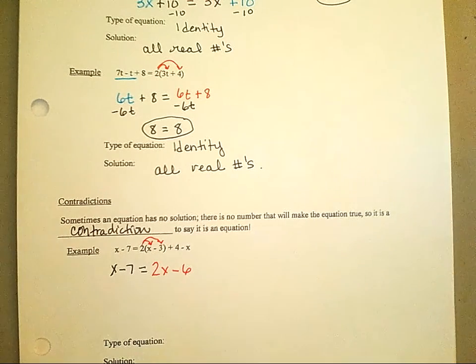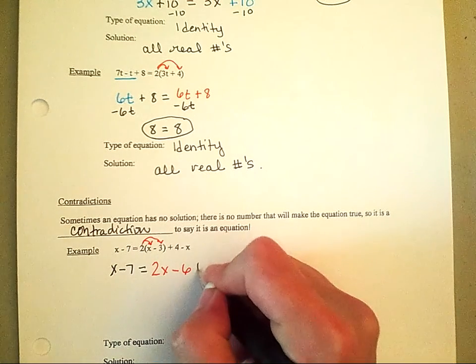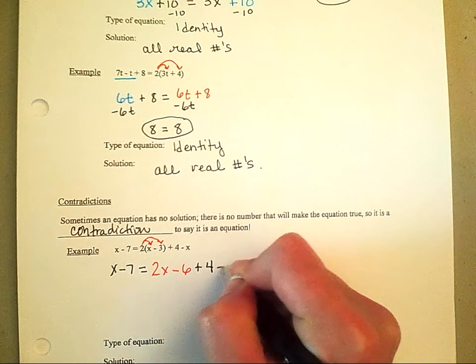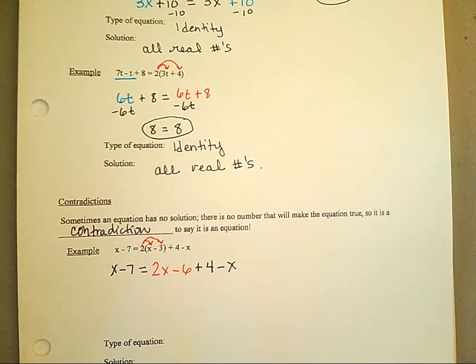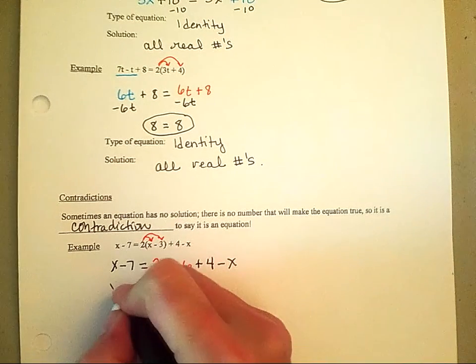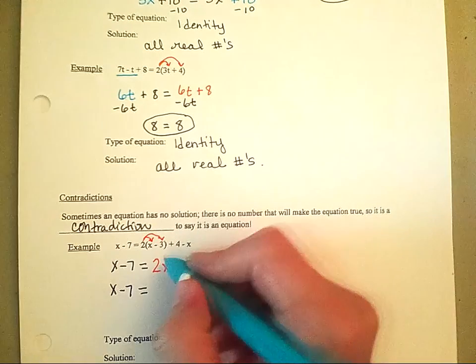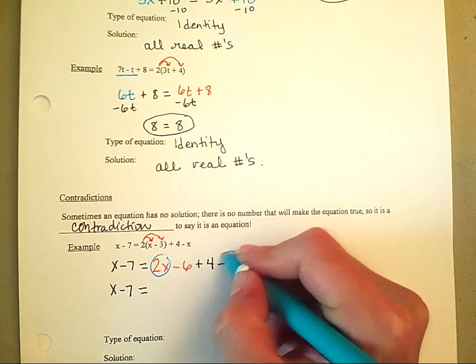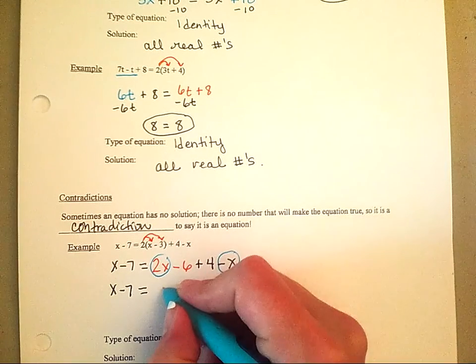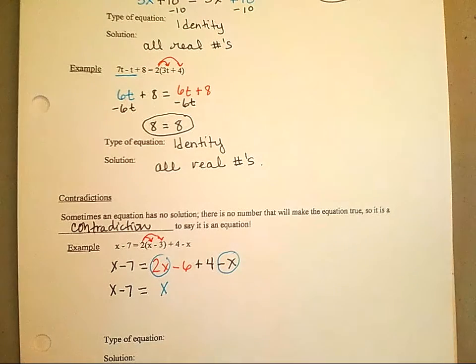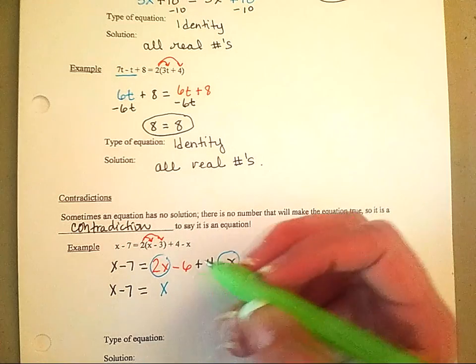We get 2x's minus 6 plus 4 minus x. Again, the left-hand side is simplified. On the right-hand side, though, 2x's minus x, well, that's just an x.